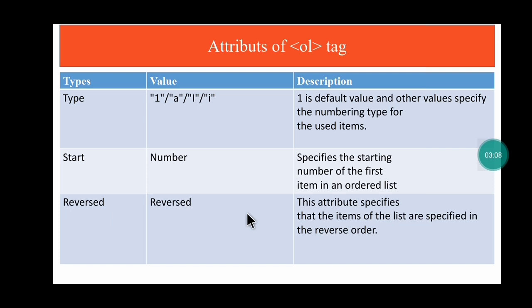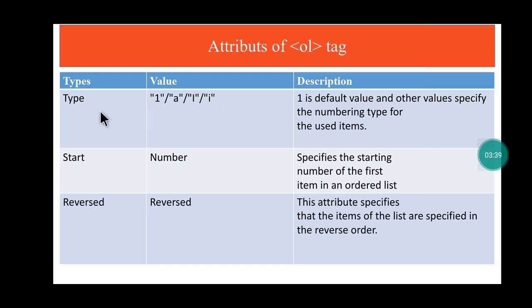Let's see the attributes of the OL tag. What are the attributes we can use with the OL tag? The first attribute of the OL tag is type. Second is start, and third one is reversed. Let's see the type values first. Its values are 1, alphabetical A capital or small, Roman number capital or small.